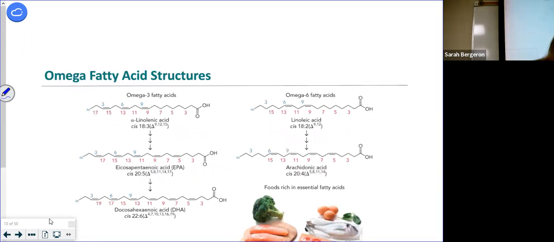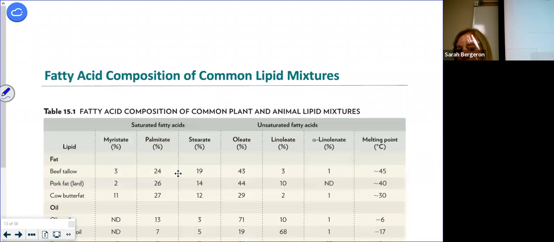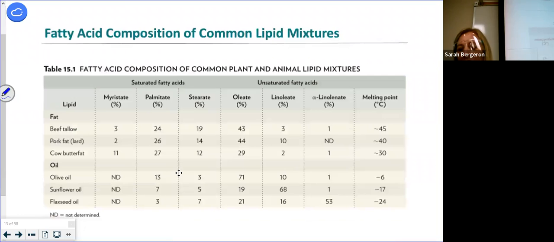So only do one side. One side's part 1, one side's part 2. We can't do part 2 yet, but we can do part 1. So in your book, if you can access your book, there's a nice little table. These are a bunch of the different fats that are found in different food types.